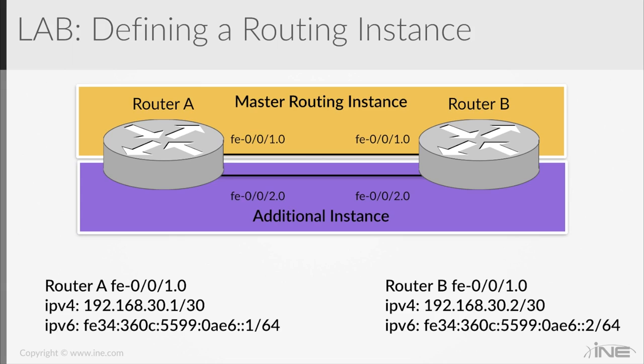Now, I don't want to keep these very abstract. I want you to understand it, and the best way to understand it is to practice it. So let's go ahead and create a lab on defining a routing instance, assigning interfaces to it, and seeing how routing instances interact with the default routing instance of the router and what possibilities and limitations we have.